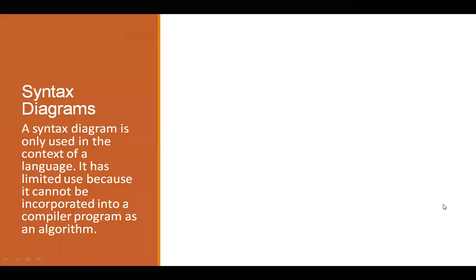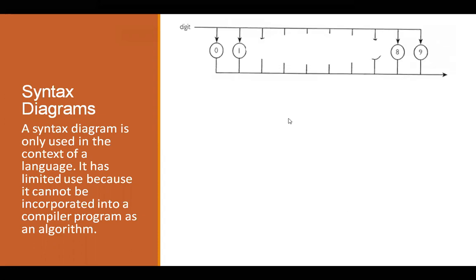The last thing that we need to look at is syntax diagrams. Rather than writing the BNF, we can always make a diagram of the syntax and show that. The syntax diagram shows the same thing, but rather than writing it in the previous notation, we make a diagram of it.